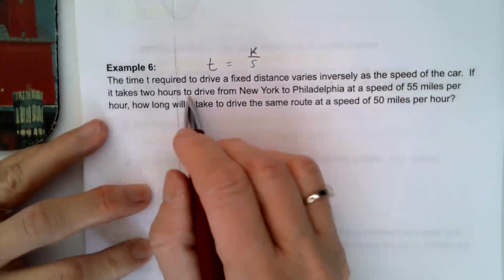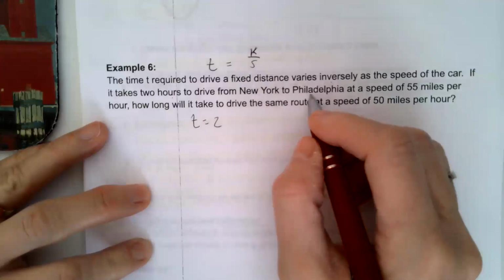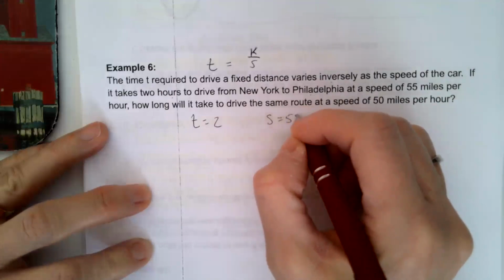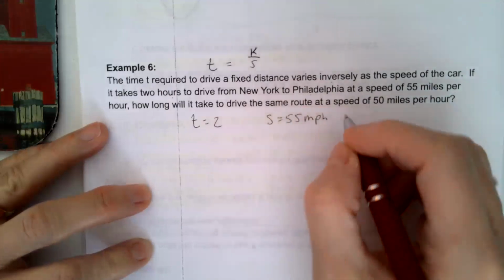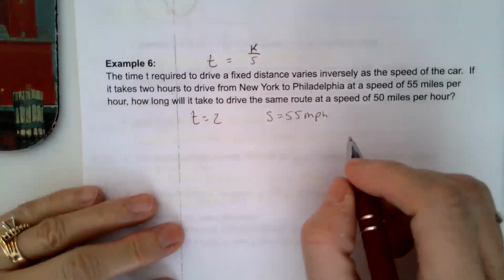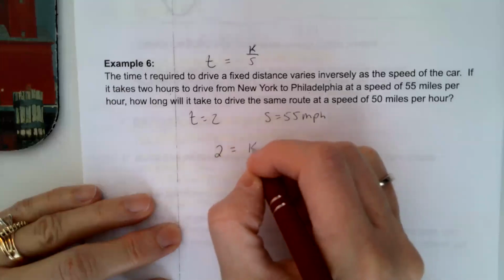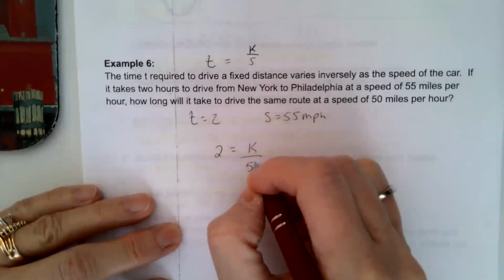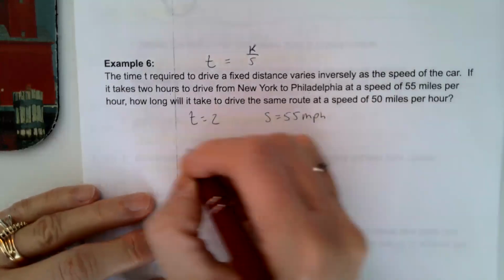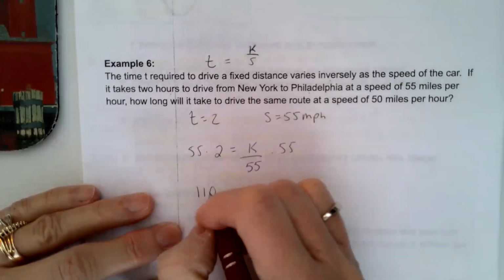If it takes 2 hours to drive from New York to Philadelphia at a speed of 55 miles per hour, how long will it take to drive the same route at a speed of 50 miles per hour if you need to slow down? So we know that t equals 2 when s is 55. So I can multiply both sides by 55 to find out that k is 110.